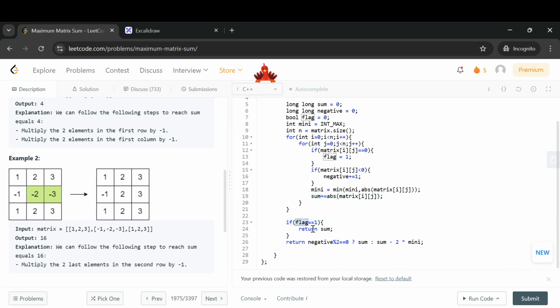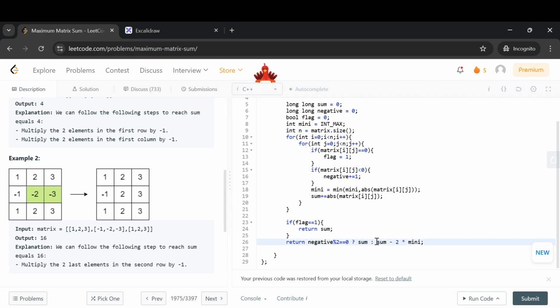Then if I find 0 present in the matrix, then I simply return the absolute sum of all elements present in the matrix. Else, if I find an even number of negative signs, then also I return the same sum.